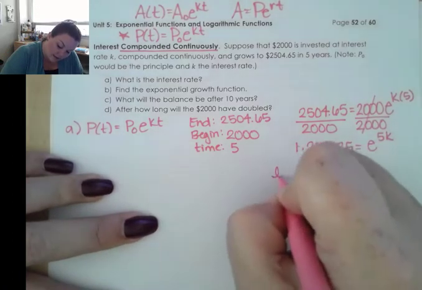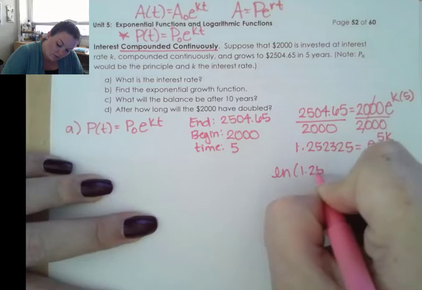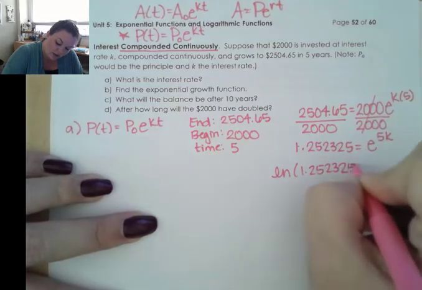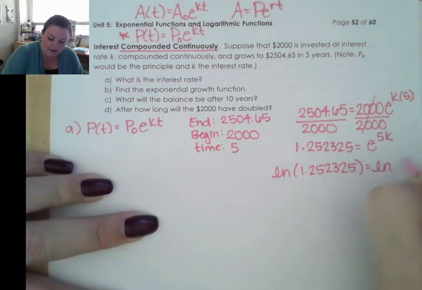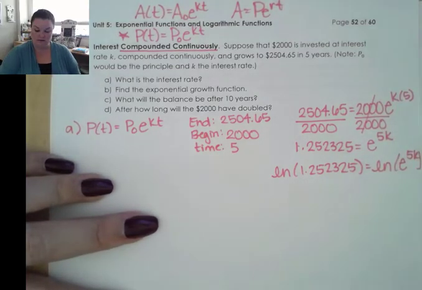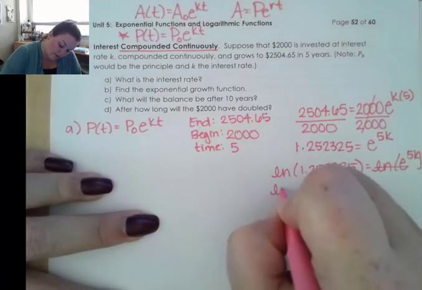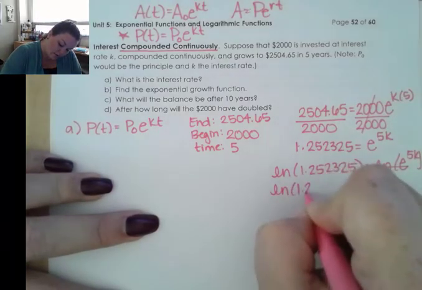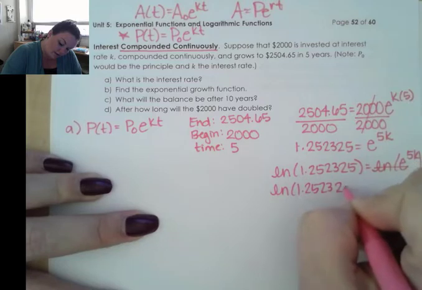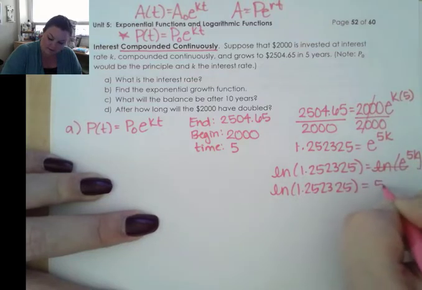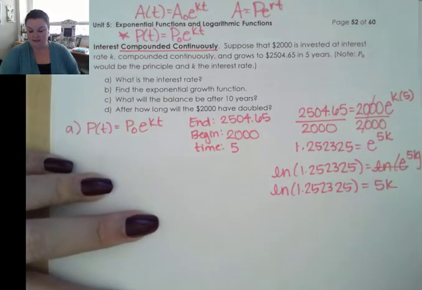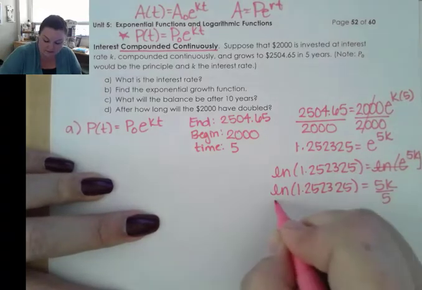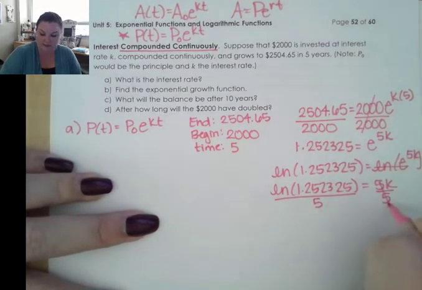I'm going to take the ln of 1.252325, and on the right-hand side, the ln of e to the 5k. So my ln and my e will cancel, and I'm left with ln of 1.252325 is equal to 5k. And then the last thing I have to do to get k by itself is divide by 5.